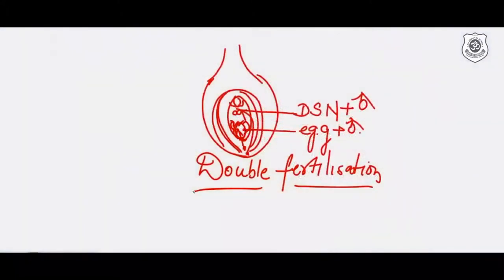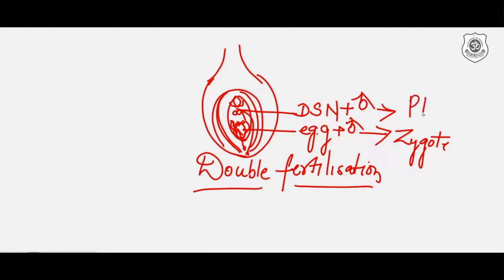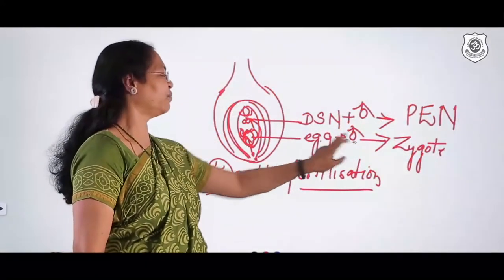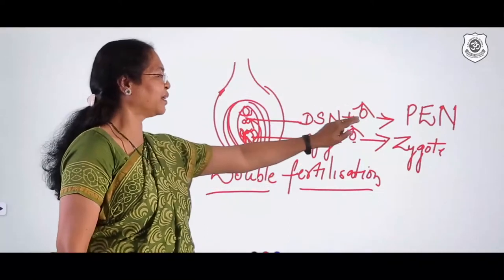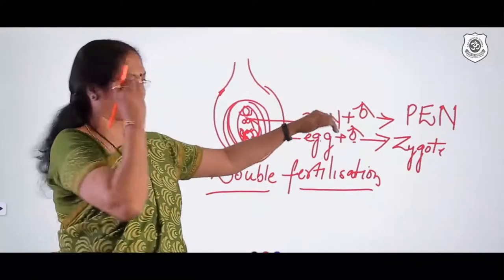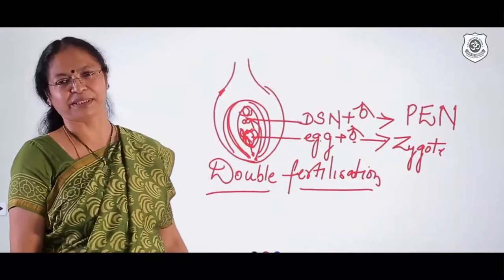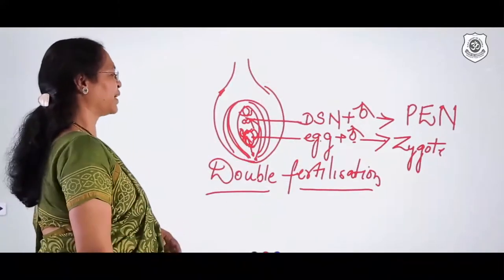The other male gamete fuses with the diploid secondary nucleus to form the primary endosperm nucleus. So there are two male gametes. One will fuse with the egg cell and the other will fuse with the diploid secondary nucleus. Zygote is formed, primary endosperm nucleus is formed. Hence we call it double fertilization.